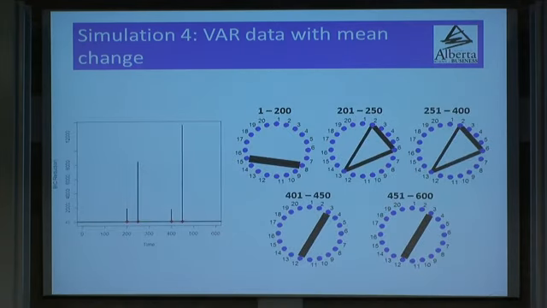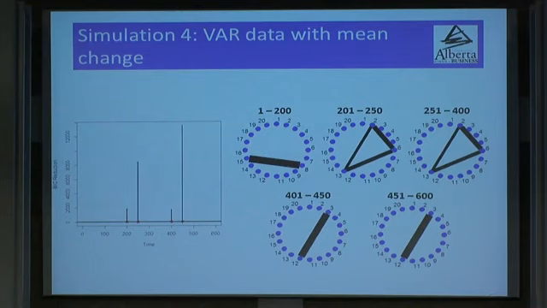You're just going to have to trust me on this, but there are mean change points at time points 250 and 450, where we've just added 3 to all the different subjects. But there are also dependency change points at time points 200 and 400.